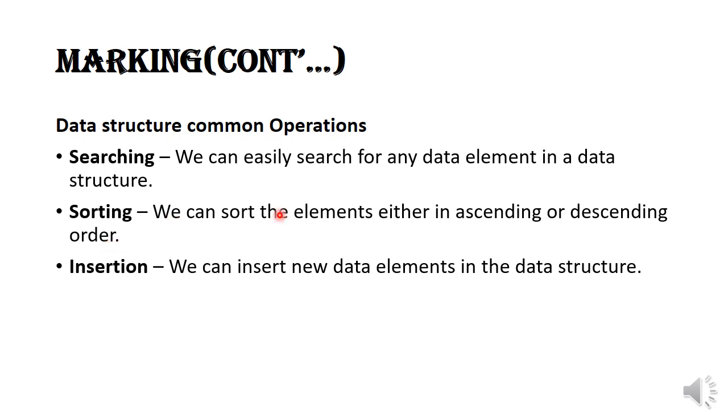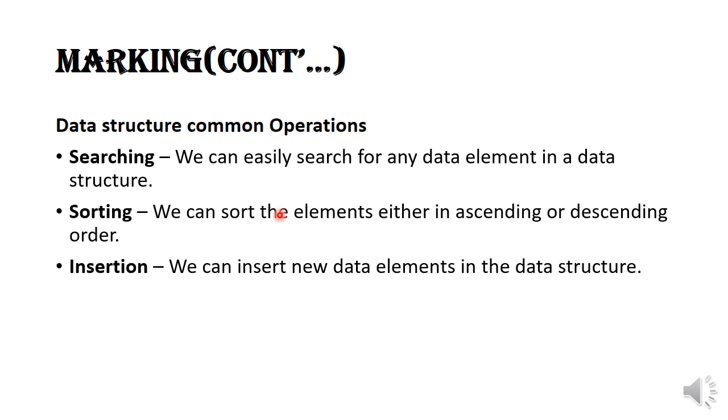Insertion means the action of adding new elements to a given data structure. For example, on queues, we can add new elements because a queue has two parts. There is a part where the deletions are made, which is called the front, and another part where the insertion is made, and we can add new elements to the queue.